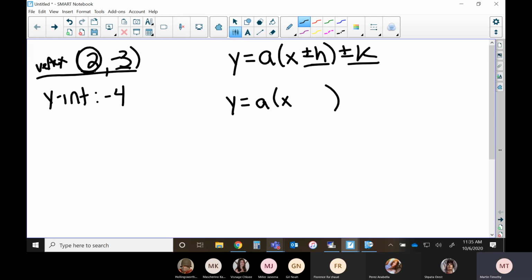I would think that I'd put a plus 2 in there, correct? Like normal, but I know it's the opposite, so I put a minus 2. You with me? And then what at the end? Minus 3. That, remember, it comes from the vertex. Don't worry about the y-intercept yet. I'll explain that in just a minute.